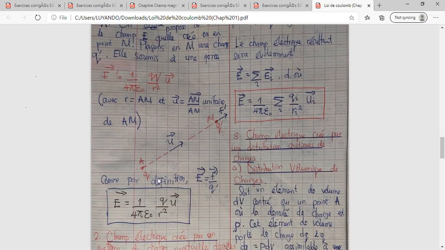So comme par définition, E, champ, is equal to F, the force, over the charge. So we have E equals 1 over 4 pi epsilon 0 Q over R squared U. So what has happened here is that we have this guy here, which is our force produced by the charged particle here.